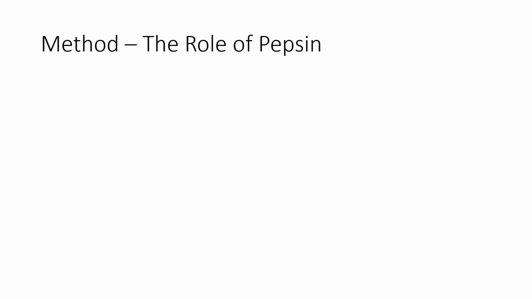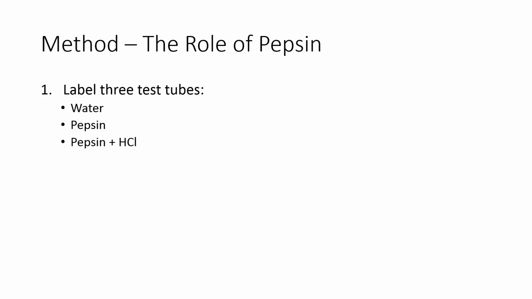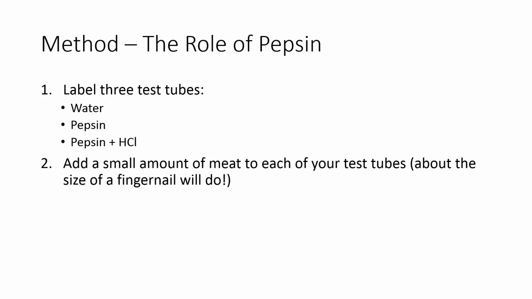All right, your second method is to investigate the role of pepsin. Again, label 3 test tubes. The first one is called water, the second one is called pepsin, and the third one is called pepsin and hydrochloric acid. Add a very small amount of meat to each of your test tubes. About the size of your fingernail will do.